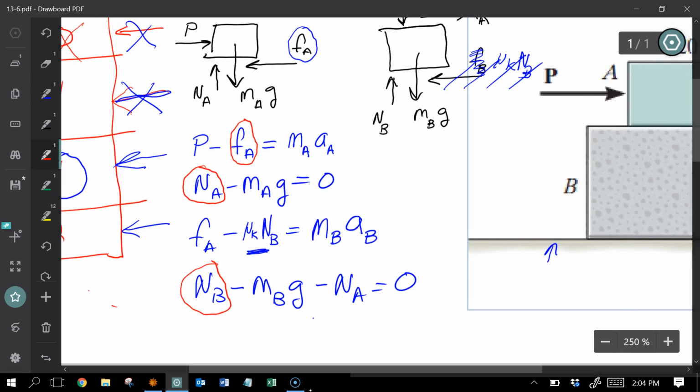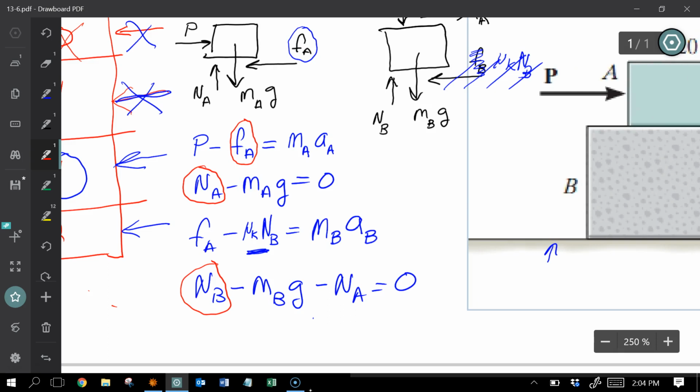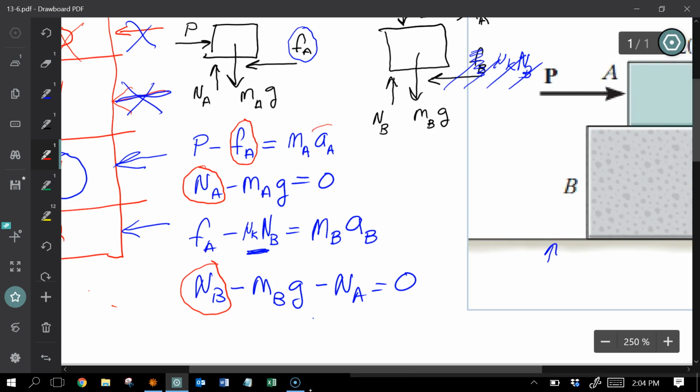Now, if you circle the things that are unknown, you still don't know FA. You don't know the acceleration of A. You don't know NA. You don't know NB. And I'm going to circle the acceleration of B right here. If you count the number of unknowns, there's 1, 2, 3, 4 from this acceleration, 5 from this one.